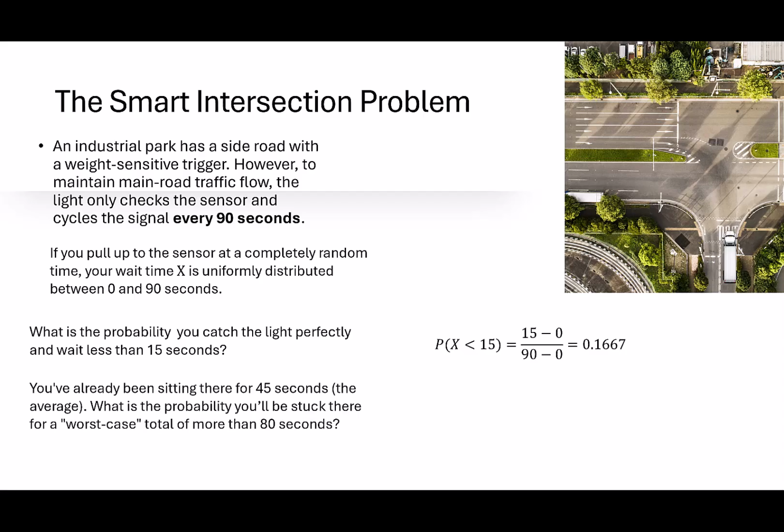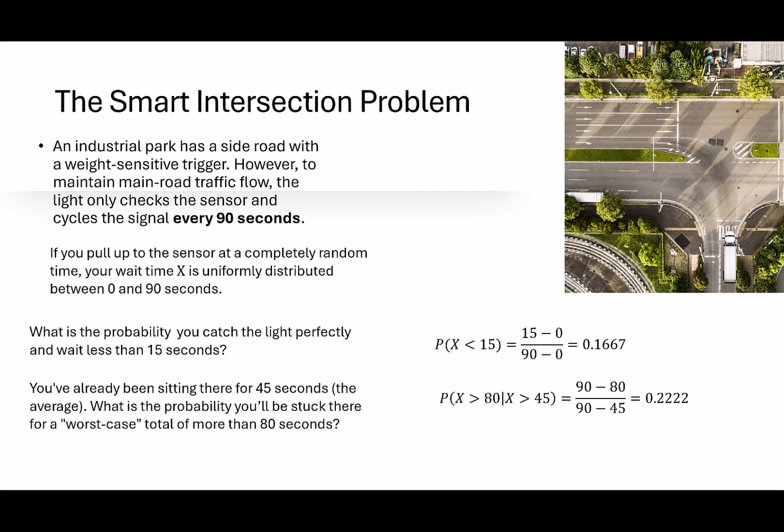Let's say you've already been sitting there for 45 seconds, the average amount of waiting time. What's the probability you'll be stuck there for a worst-case scenario of more than 80 seconds? This is a conditional probability because we know we've already been sitting there 45 seconds. We're going to write this as the probability that x is greater than 80, given that x is greater than 45.